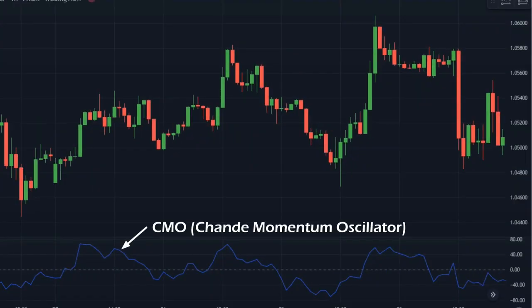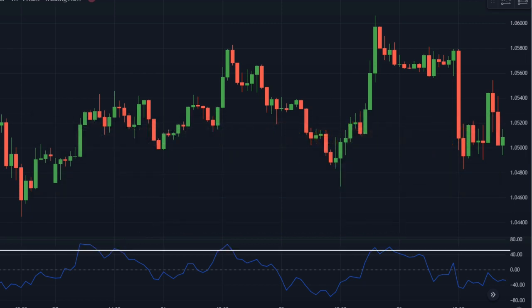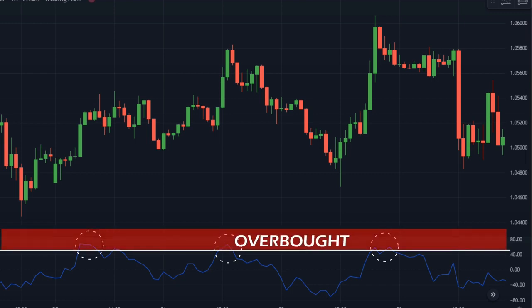Here, this blue line is the CMO line. It shows us the real value of the Chanda Momentum Oscillator. It is also used to identify the overbought and oversold zones, just like the RSI and the stochastic indicator. When the CMO rises above the 50 level, it is considered an overbought area, and we expect the price to fall in the short term.